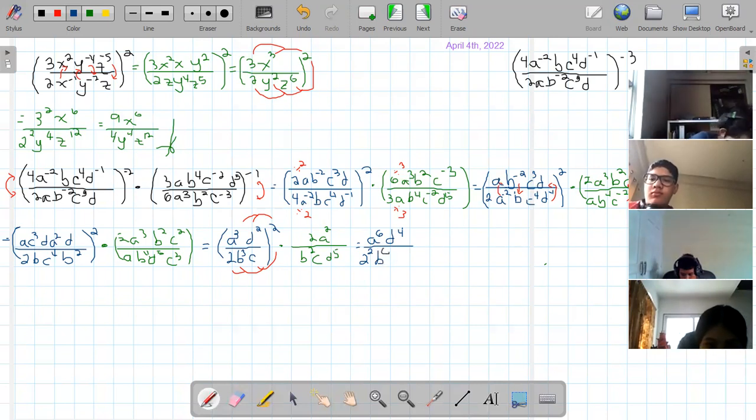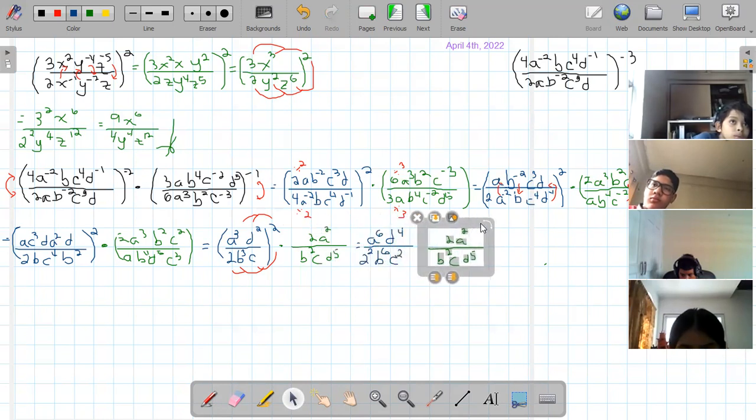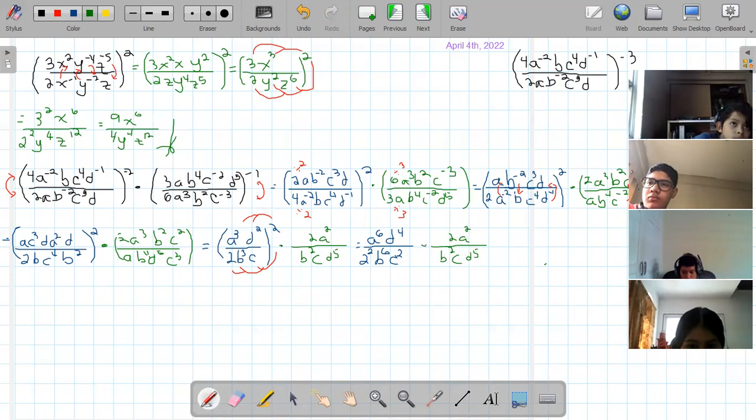It's D and C. Sorry, to what power? Second. The second fraction, I didn't do anything. So I can just go ahead and copy them just as they are, because I didn't do anything at all, okay? I'm not doing anything at all because it's already simplified.